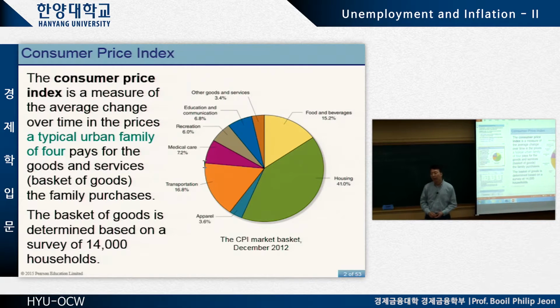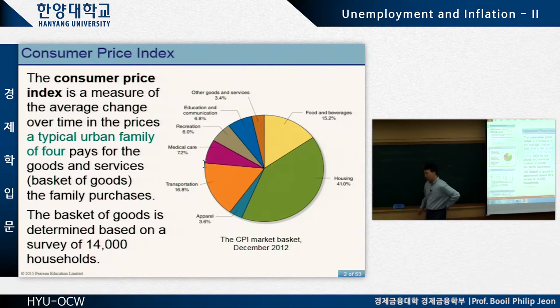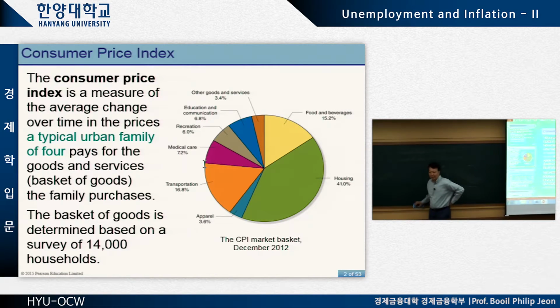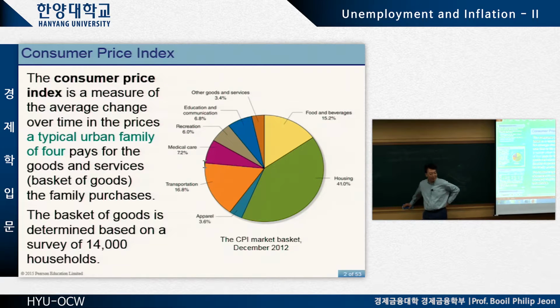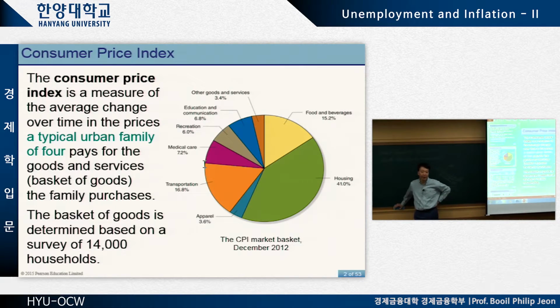Maybe it could be grandpa, grandma, and single parent and 1 child. Anyway, a family of 4, living in an urban area, not a rural area.